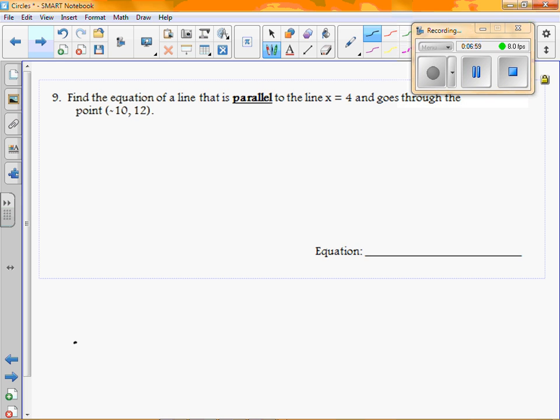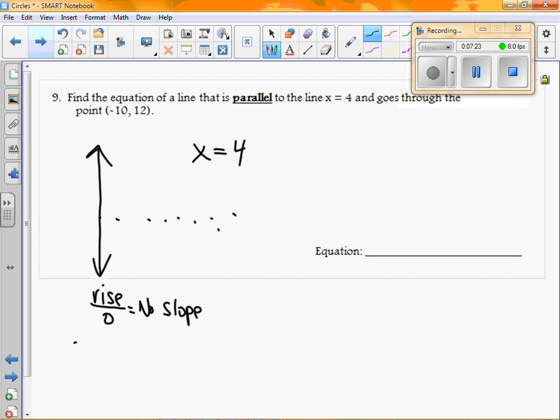So find the equation of the line parallel to x equals 4. Well, if it's going to be parallel to x equals 4, that's x equals 4 right there. That's a vertical line. Remember, it has rise, but it doesn't have run, so it has no slope. So if it's going to be parallel to this, it's going to be another vertical line. So the only vertical line that goes through is x equals -10.